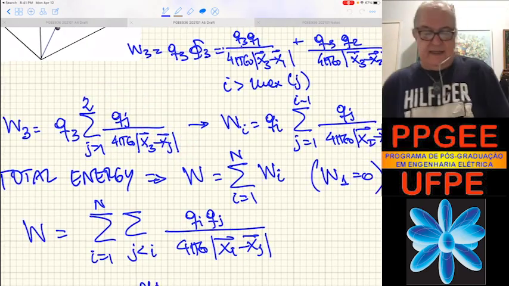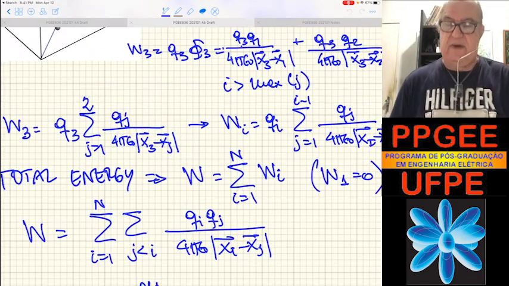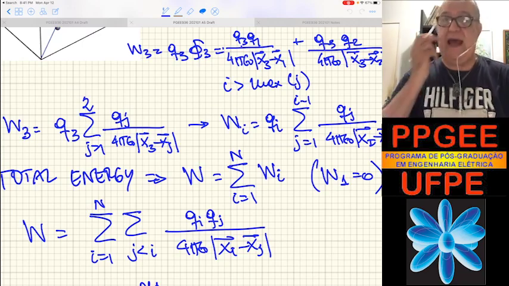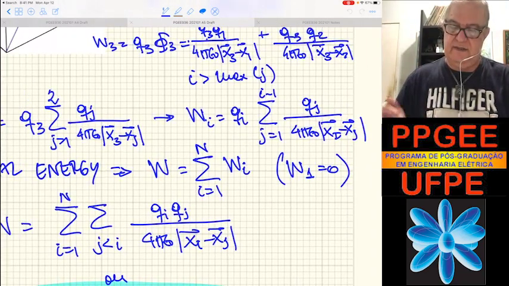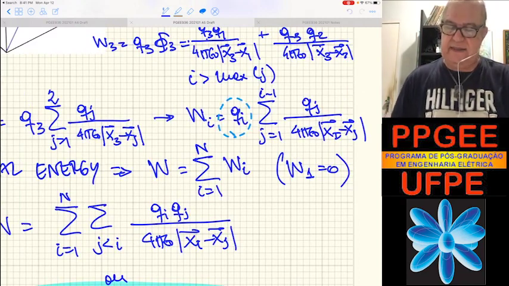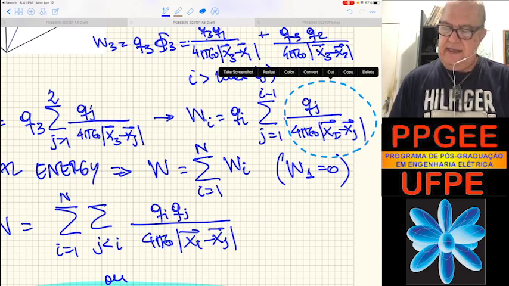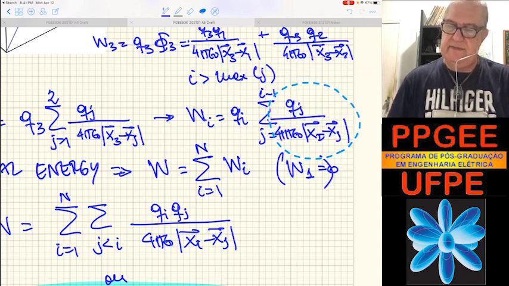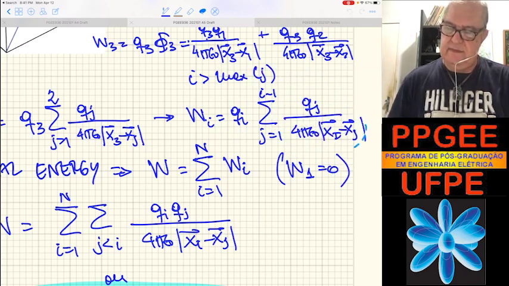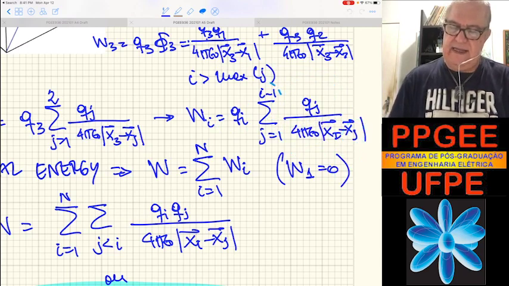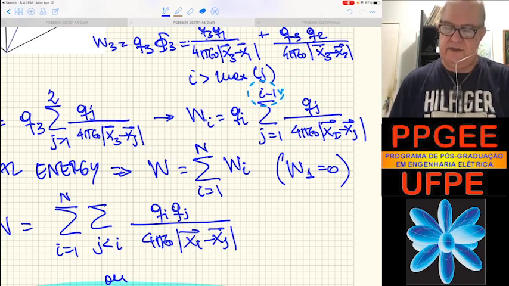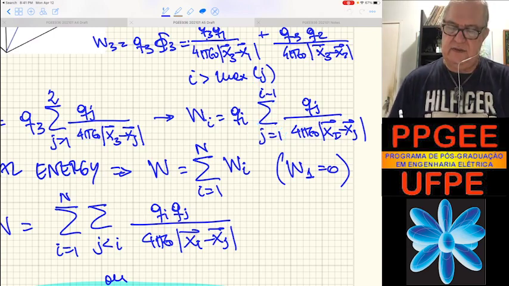So to add the final charge, to add the ith charge, I just multiply Qi by the sum of terms like this with the index j less than i. So j goes from 1 to i minus 1.